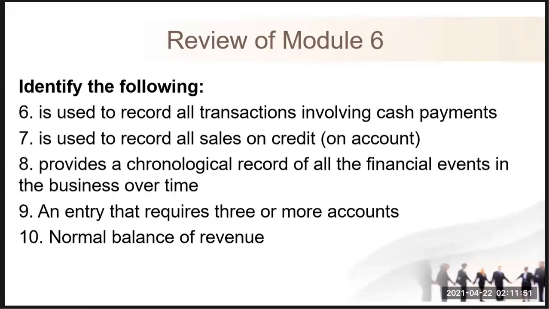Number 7 is used to record all sales on credit. Number 8 provides a chronological record of all the financial events in the business over time. Number 9, an entry that requires 3 or more accounts. And number 10, normal balance of revenue.